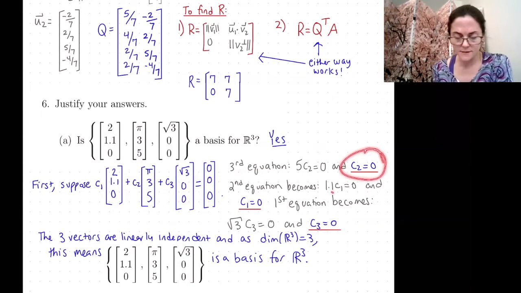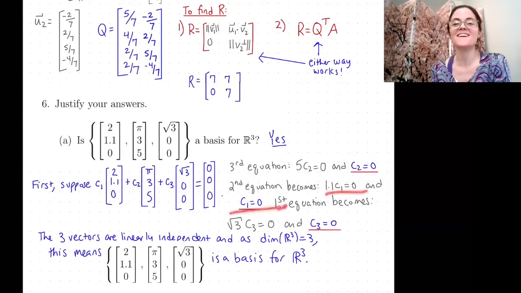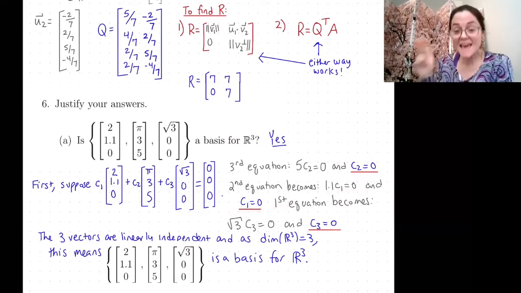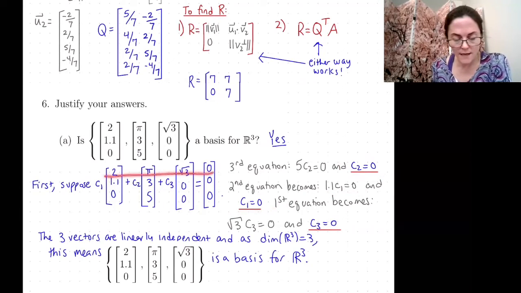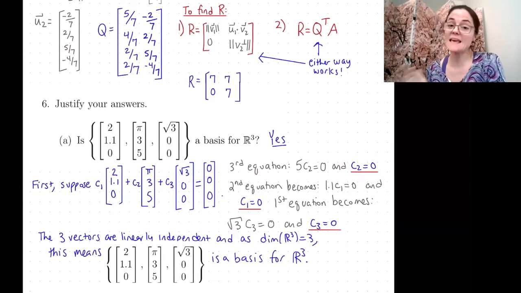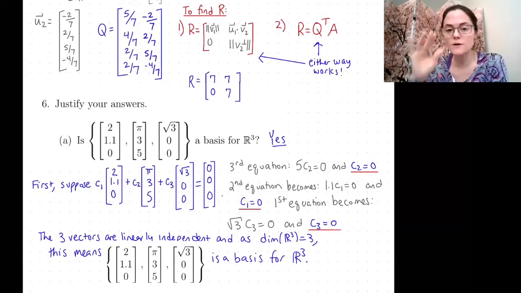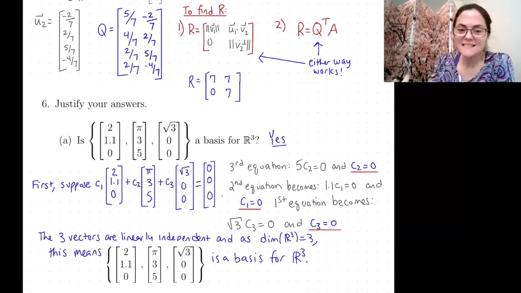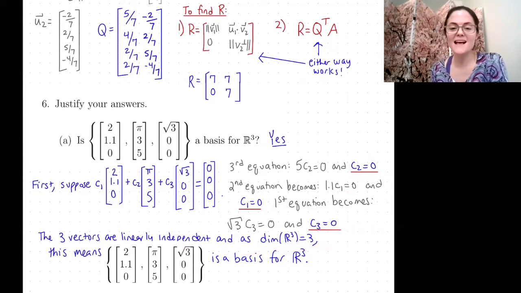Then this equation says 1.1 C1 is 0, so C1 is 0. Once C1 and C2 are 0, this top equation just says square root 3 times C3 is 0. In fact, all 3 coefficients are 0, which says these 3 vectors are independent, meaning, since we have the right number as the dimension, they form a basis for R3. Okay.